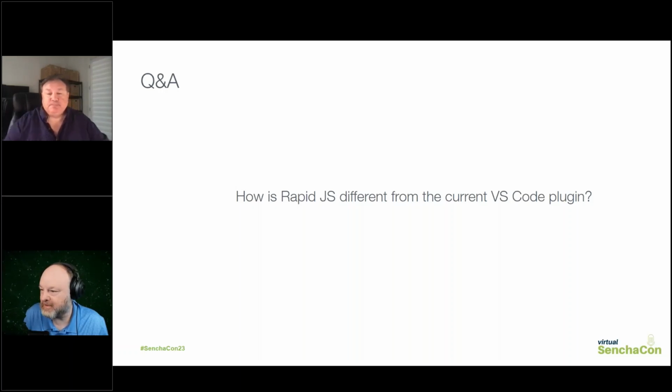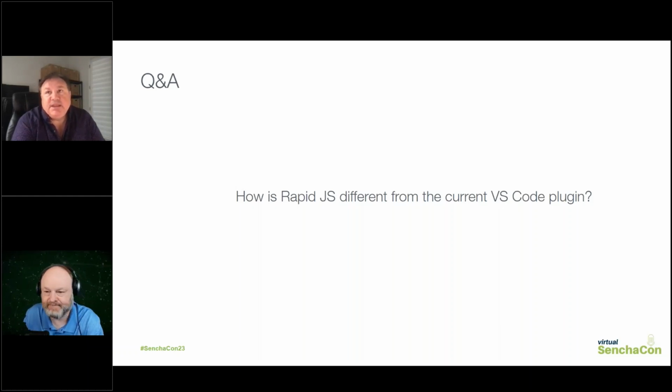How is Rapid Ext JS different from the current VS Code plugin? Aha, that's a good question. The real short answer is the VS Code plugin is not visual. Not visual in terms of drag and dropping components and being able to visually change configs. It doesn't do any of that.